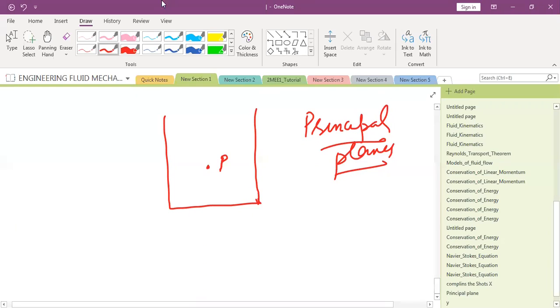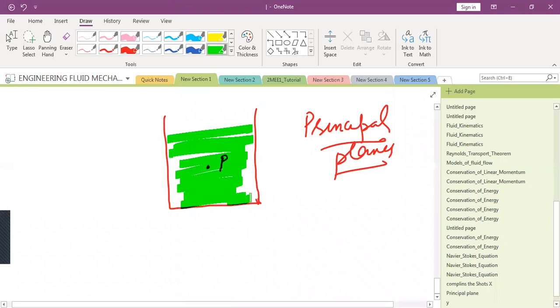Here the water is filled, stationary water. What will be the orientation of the principal plane according to you? This is point P. I am asking you what is the orientation of the principal plane, whether it is this, this, what orientation is principal plane in case of fluid?